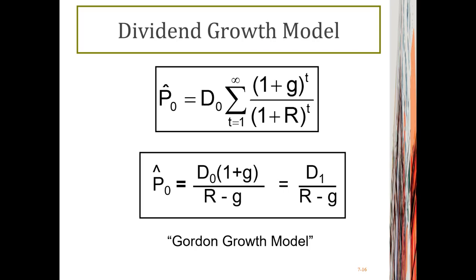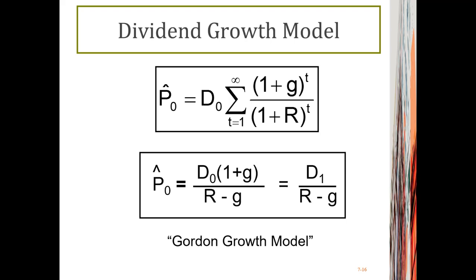Just like what you see in the first equation: the stock price estimation at time 0 equals D0 times sigma, the sum of many items, and if t is from 1 to infinity, then there will be an infinite number of items. The first equation cannot be solved easily because of that.